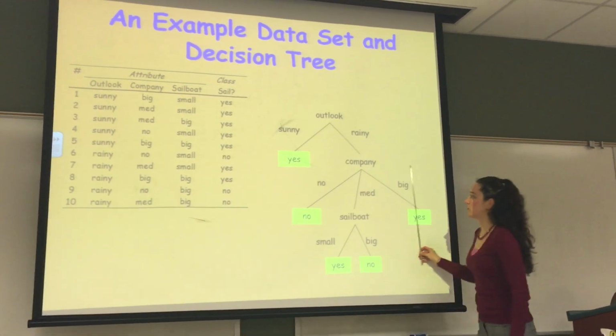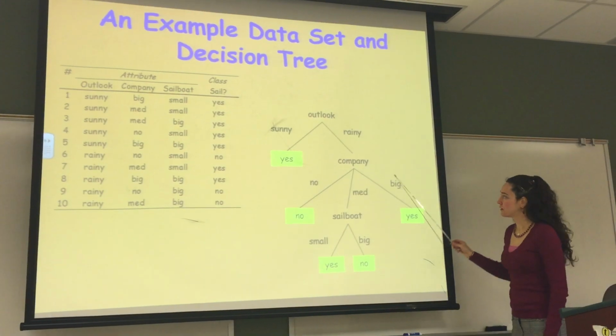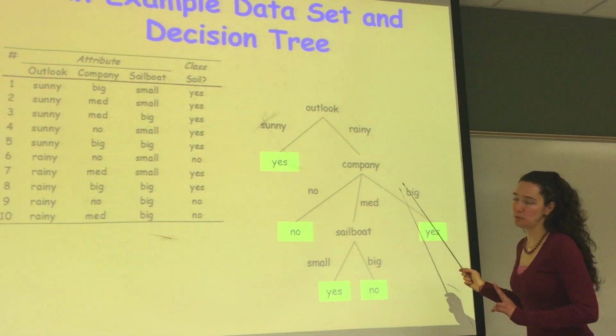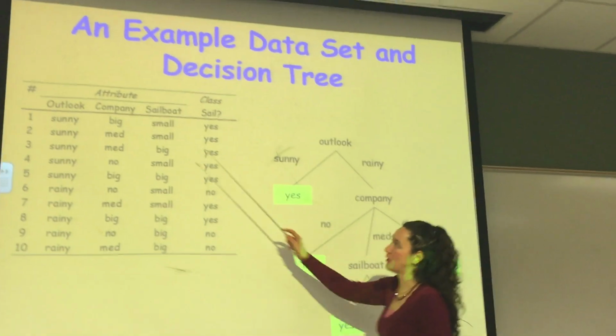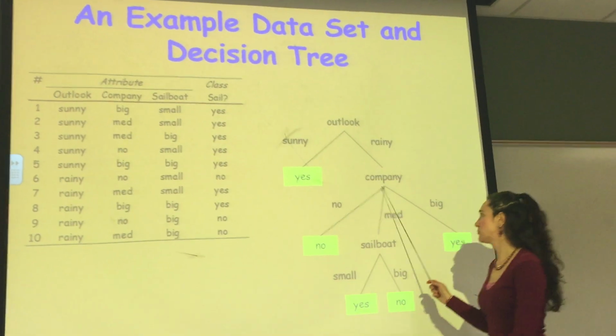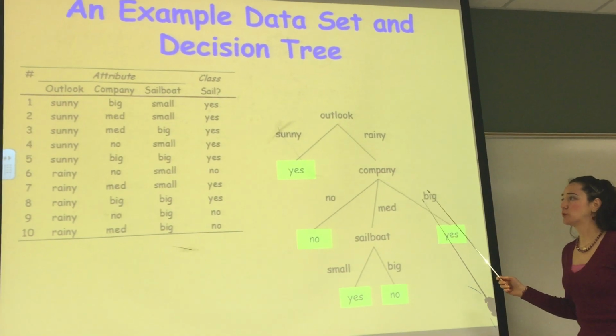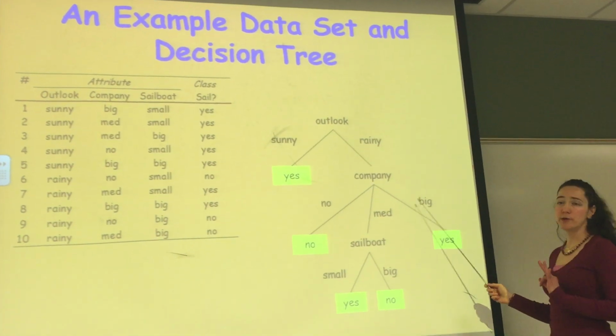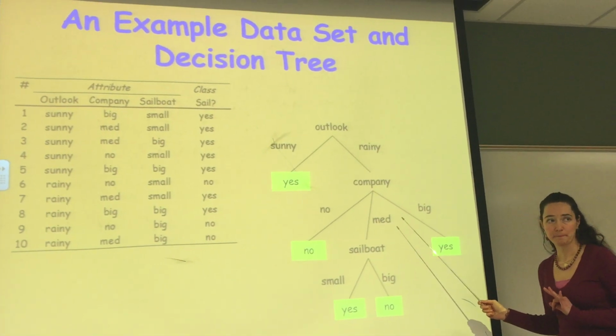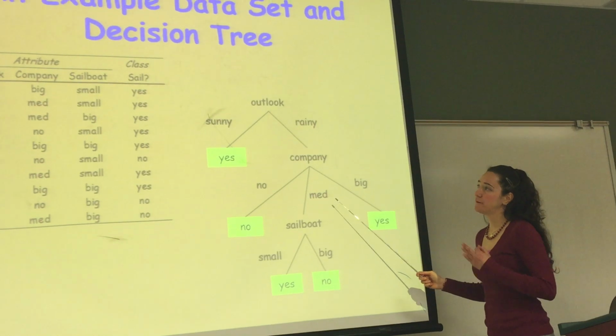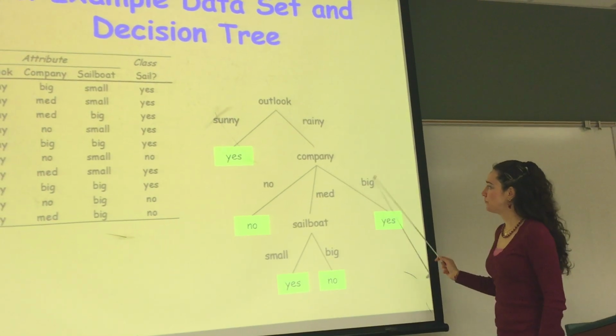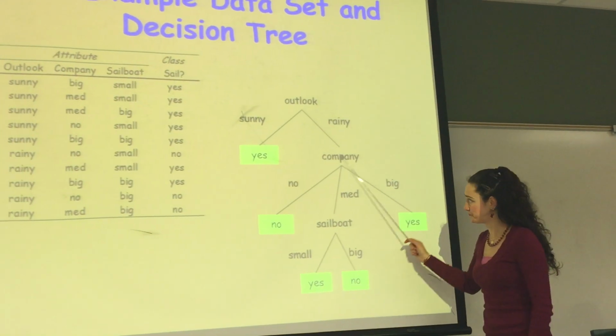We have two attributes to choose from, either the company or the sailboat. We have chosen the company. We will split this data into 3 more parts because we have 3 values of this attribute: big company, medium company, or no company.